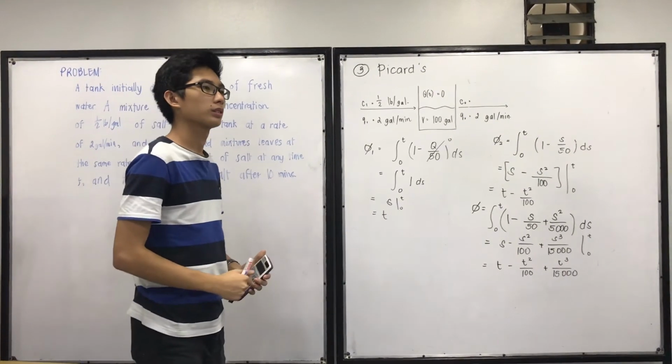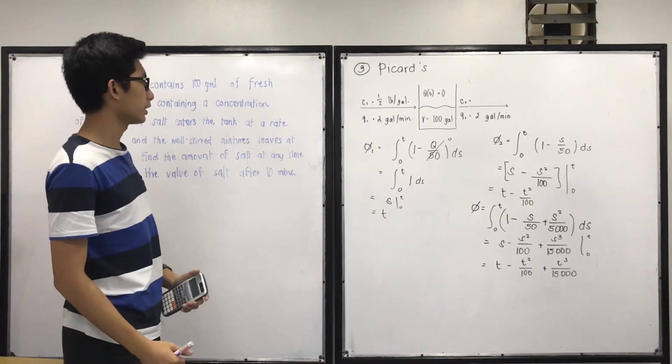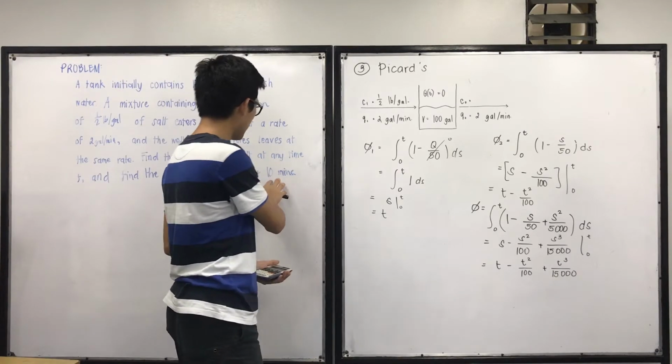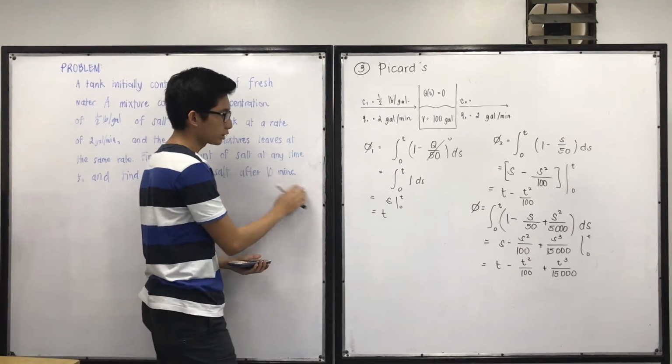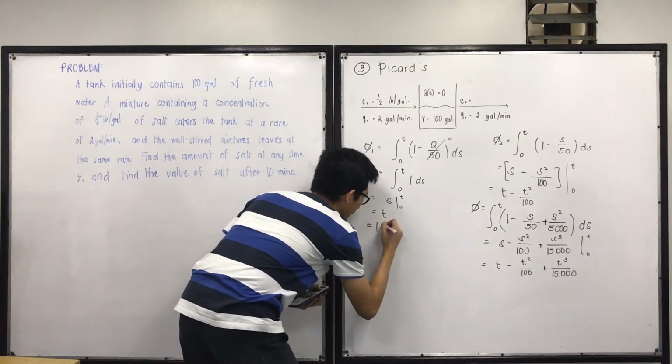In the problem, we are asked to find the value of salt after 10 minutes. So we could simply substitute 10 minutes to the t here. So this one, it is evident that it should be 10.